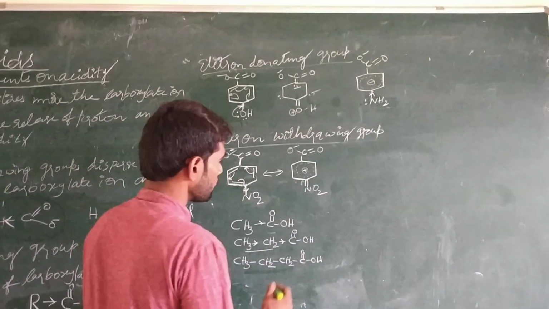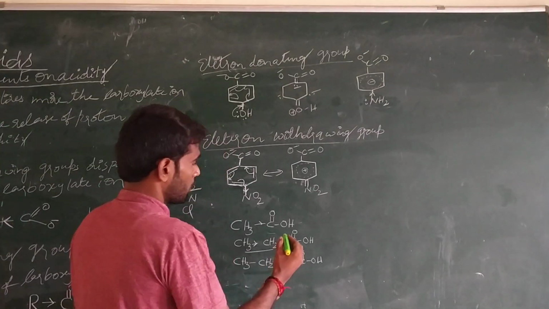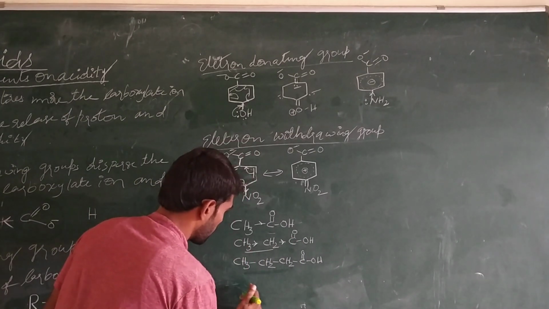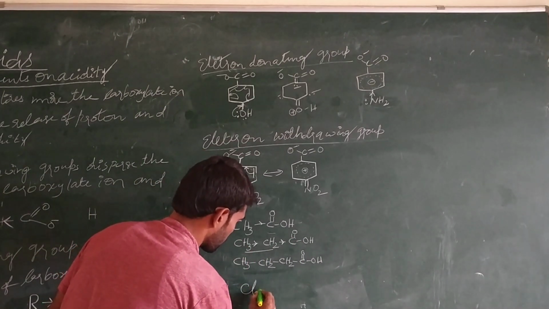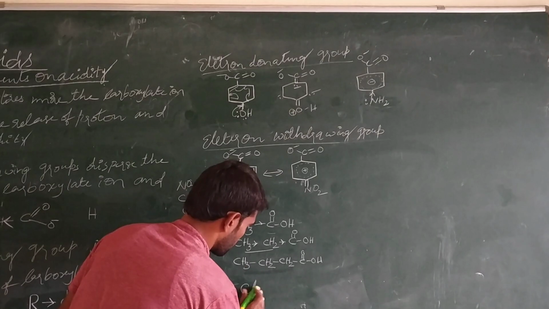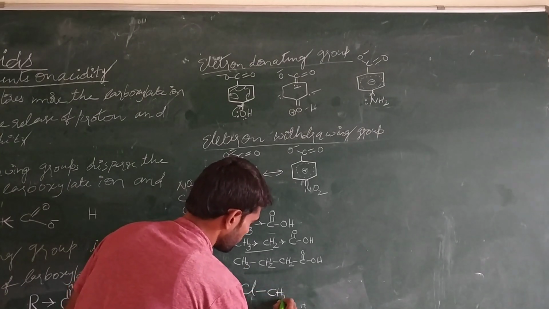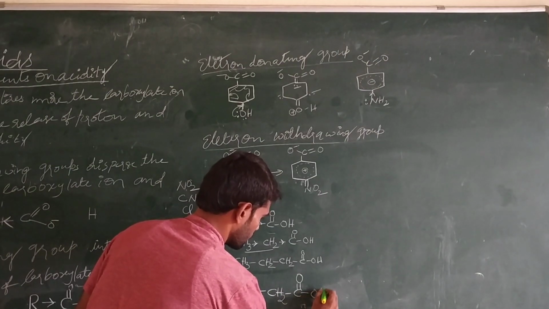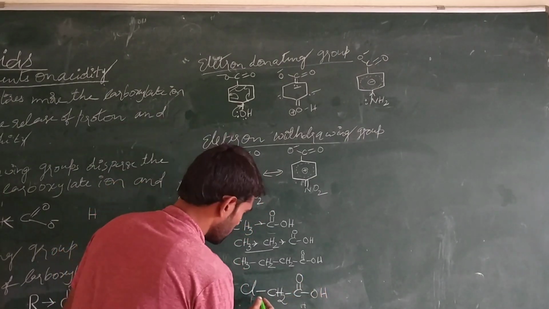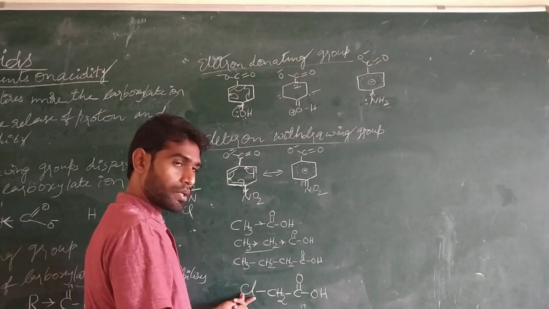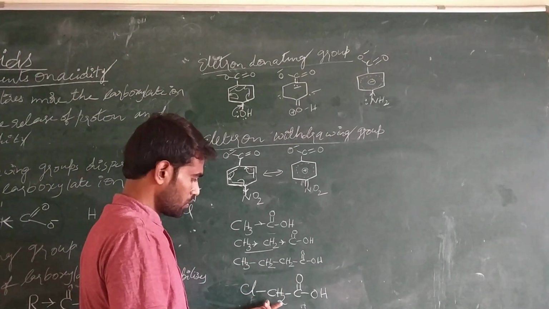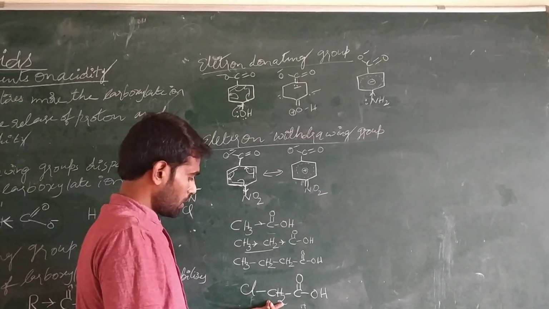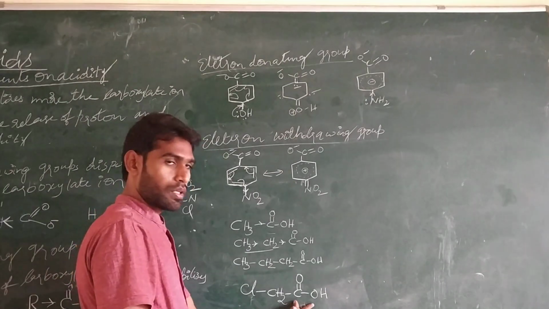Now, in this case, a chlorine atom is attached to the methyl group, and it is nearer to the carboxylic acid.